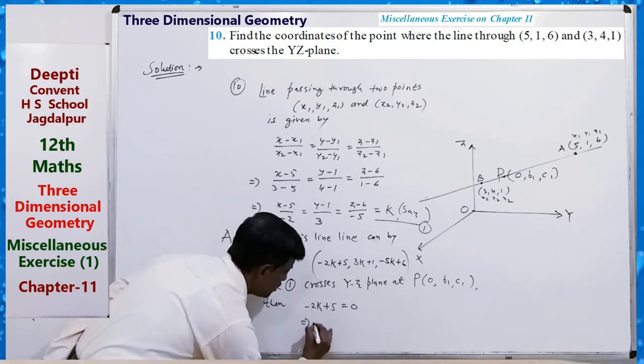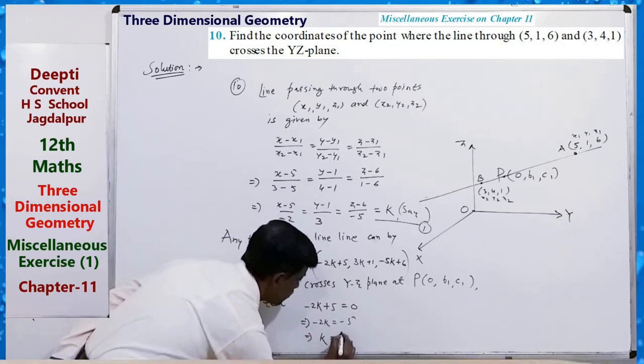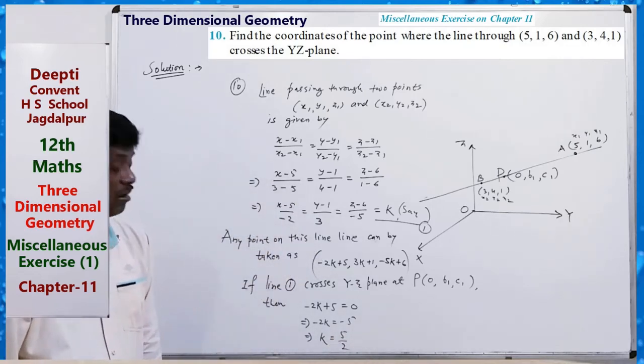So minus 2k equals minus 5, that is k equals 5 by 2. So our value of k is 5 by 2.